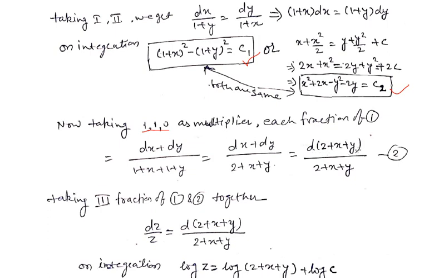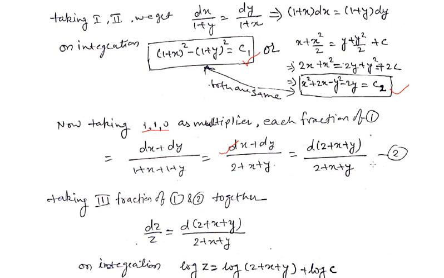When we differentiate 2 plus x plus y, what do we get? The derivative of 2 is 0 as 2 is constant, the derivative of x is dx, the derivative of y is dy. So we get this term. So we can rewrite dx plus dy as the derivative of 2 plus x plus y, which is the exact differential of the denominator.